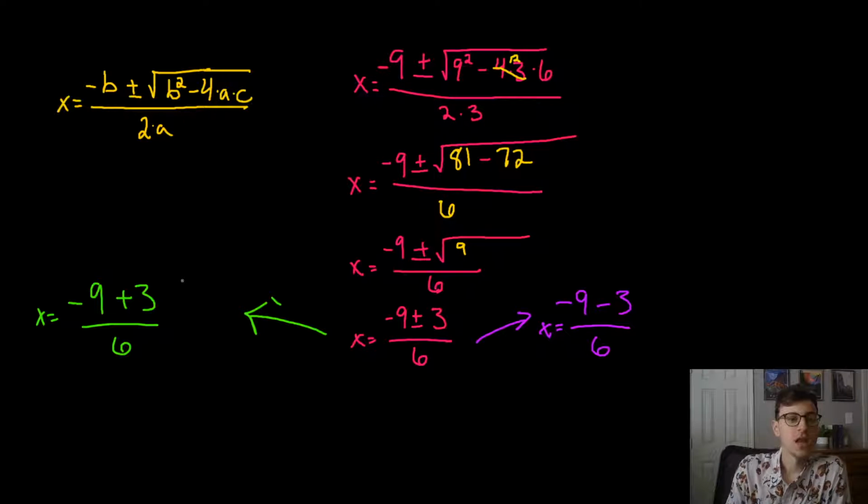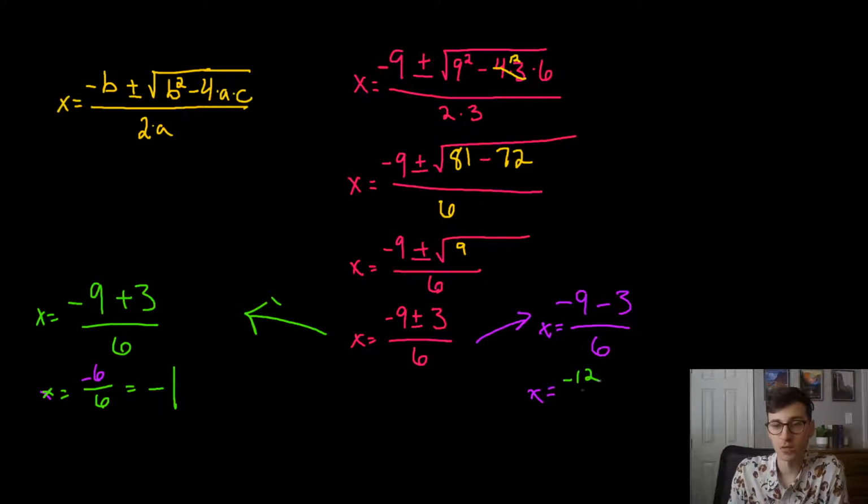So negative 9 plus 3 is negative 6, divided by 6. Negative 6 divided by 6 is negative 1. So x could be negative 1. Or negative 9 minus 3 is negative 12. Negative 12 divided by 6 is negative 2.